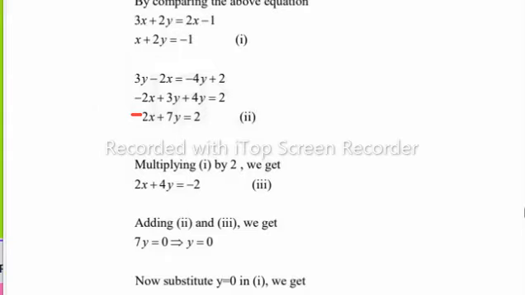we get 11y. Now by adding equation 2 and 3, let us see how we get it.